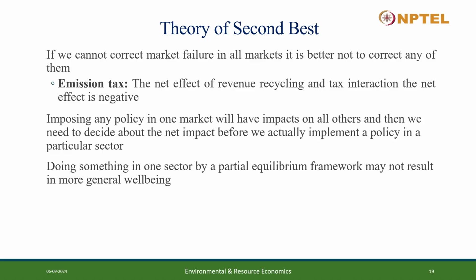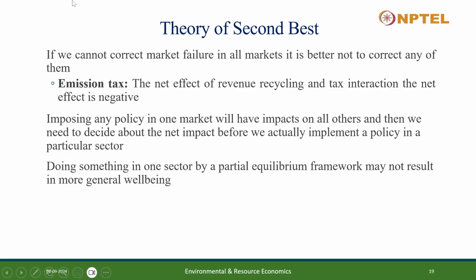So here we are saying that all the markets are interdependent, so all the sectors are interdependent. Let's say that if we are imposing a certain policy on one sector, and another sector is being affected negatively because of this policy, then it is of no use to correct the market failure.